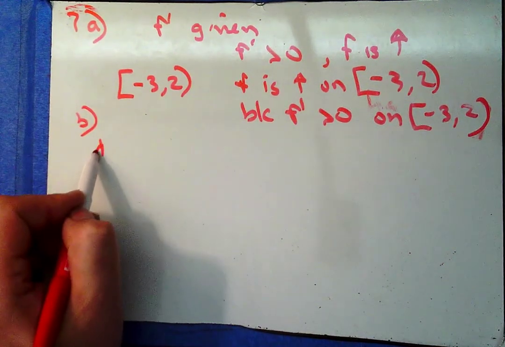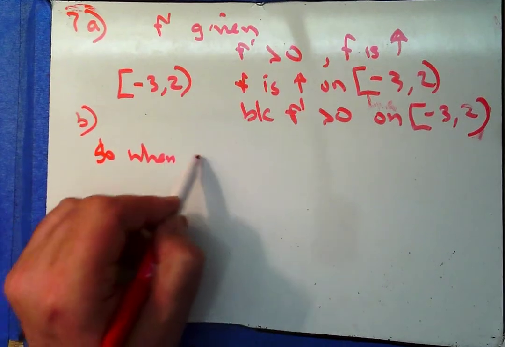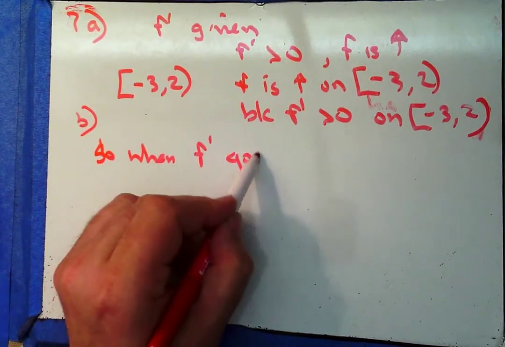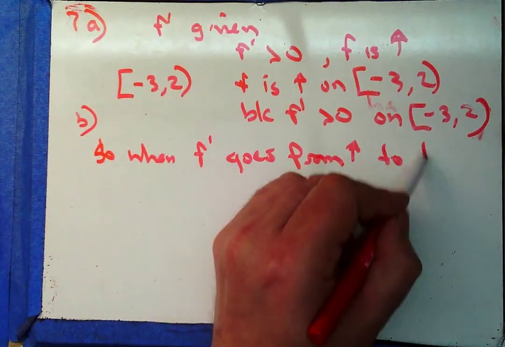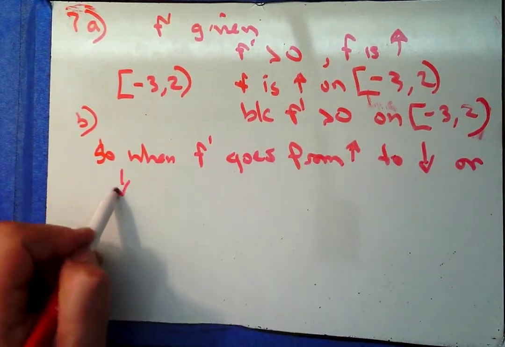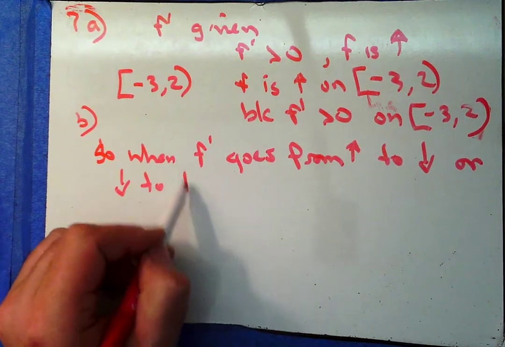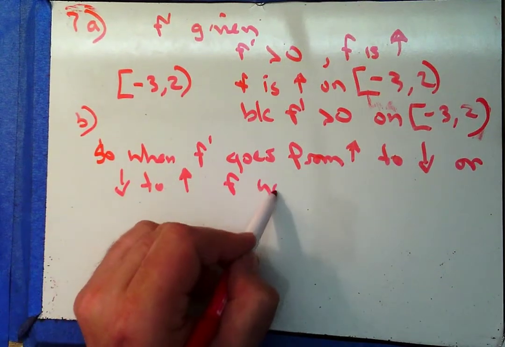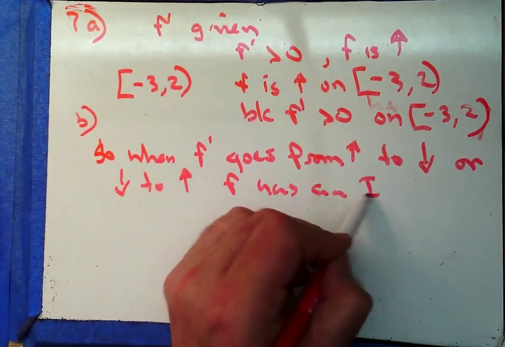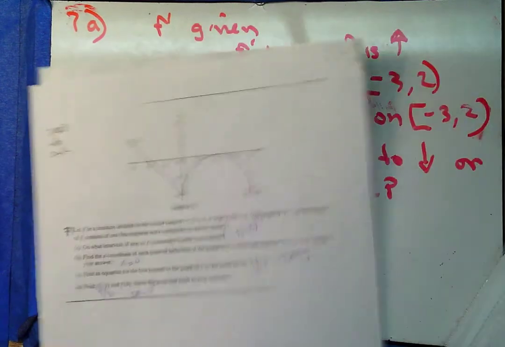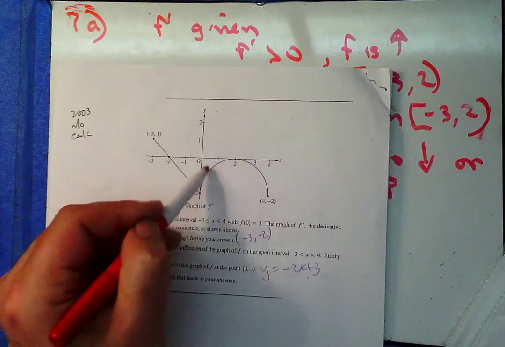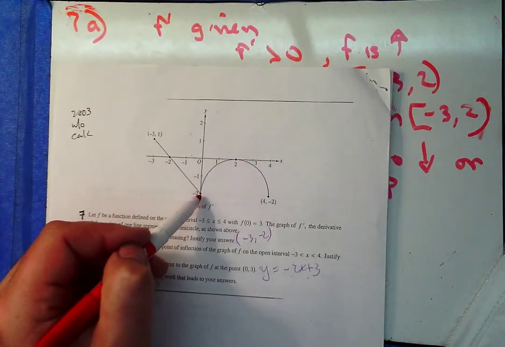Okay, so when f prime goes from increasing to decreasing or decreasing to increasing, f has an inflection point. Where does that happen? Well, I see this graph of f prime decreasing and then increasing, so x equals 0.